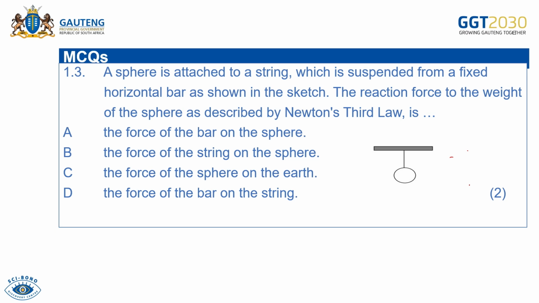So if our focus is the sphere, you can see that the sphere is attached to a string. So there's contact between the string and the sphere. So if there is contact here, obviously there will be an application of Newton's third law. So there will be a force exerted by the sphere on, let me just use S for the sphere, sphere on the string.